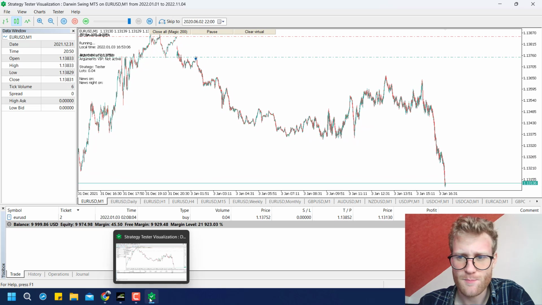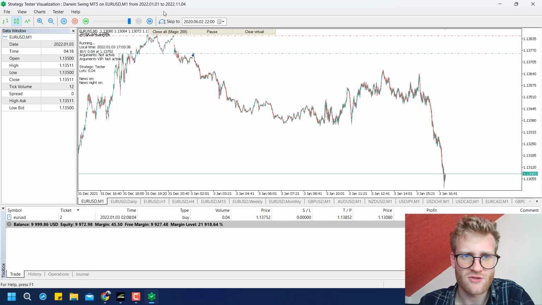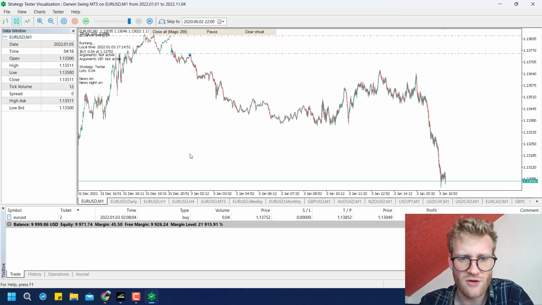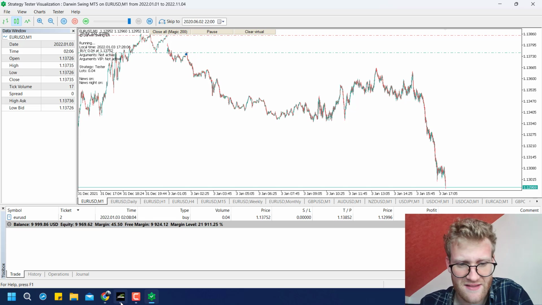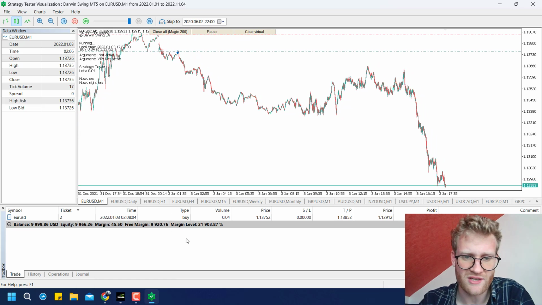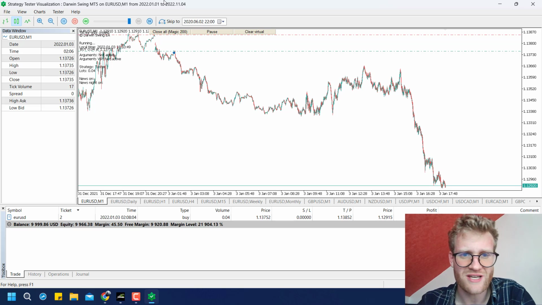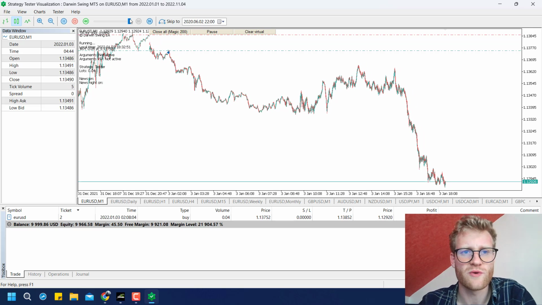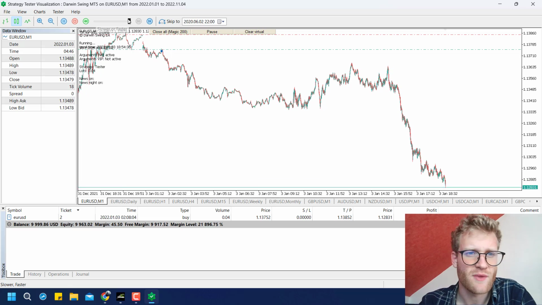Of course, this is the 1 minute time frame, so it's not going that fast. And we can see the trade is not going well, so we are losing currently, but still this has no impact on the balance because we do not close the position. This is what I tried to explain before. This is just a temporary drawdown, which we would see in the equity, not the balance.